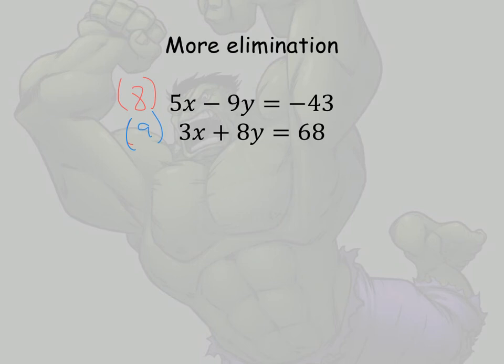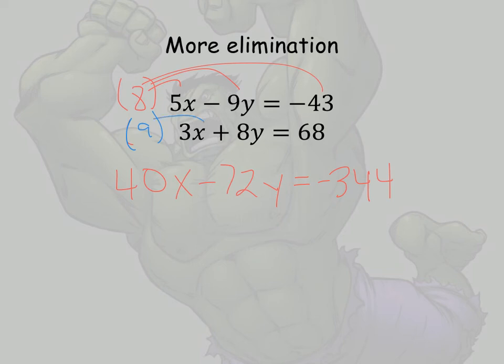So I'm going to do this, and this is kind of a distribute. 8 times 5x is 40x. 8 times negative 9y is negative 72y, which is what we wanted. And 8 times 43 is 344, but negative 344.